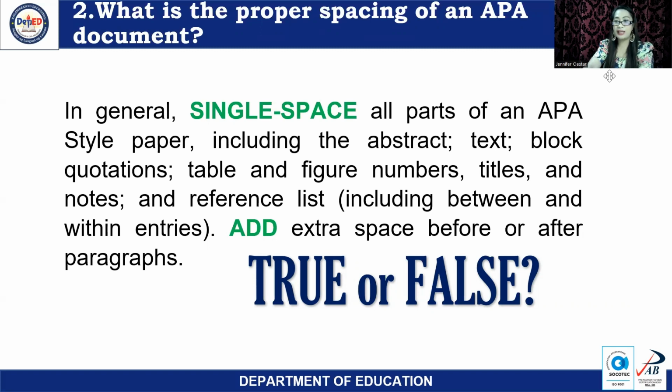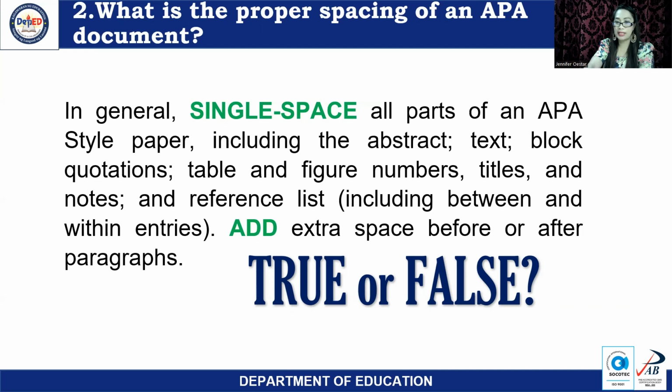Here's the ruling and tell me if it is true or false. In general, single space all parts of an APA style paper, including the abstract, text, block quotations, table and figure numbers, titles, and notes and reference list, including between and within entries.